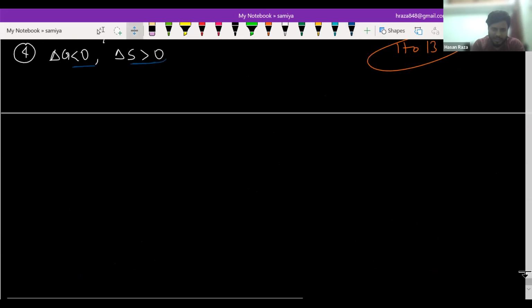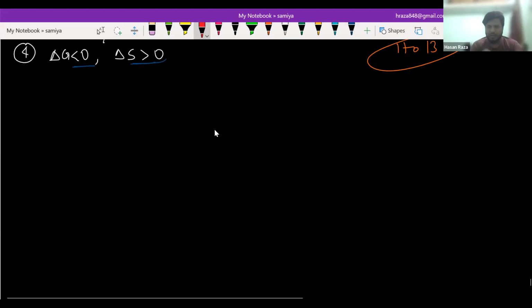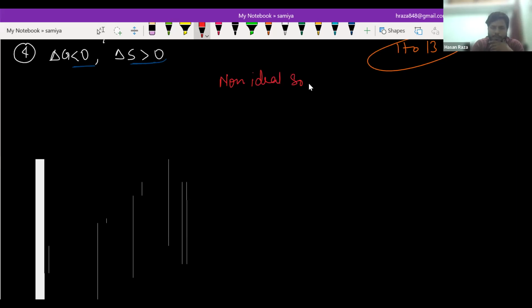Now going to start. Basically, there are two types of non-ideal solution, that is positive deviation or negative deviation. So I'm going to classify non-ideal solution in two parts.